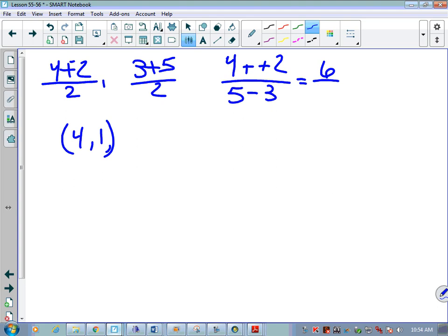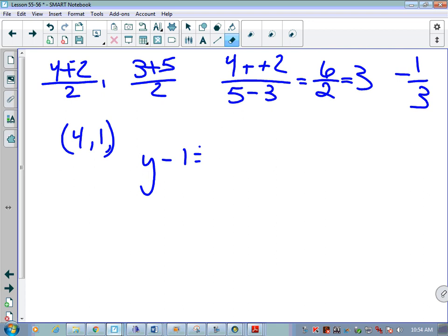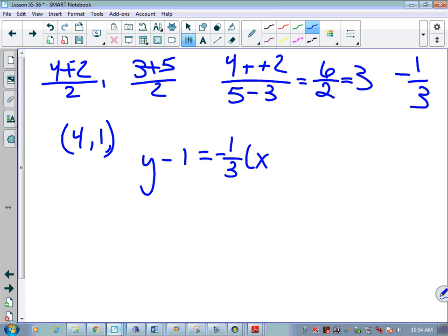Okay. All right. 6 halves, which gives you 3, which means we're going to use -1/3. Okay, so in our equation, we're coming down here, y minus 1 equals -1/3 times x minus 4.